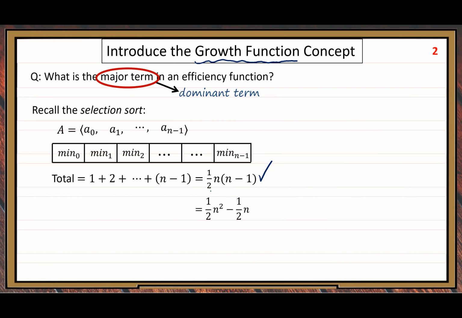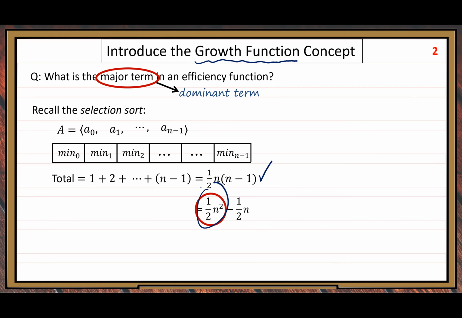We consider the leading term, that is the dominant term, and take it for our first simplification. We throw away the remaining terms and only keep the leading term. That is the first round approximation.